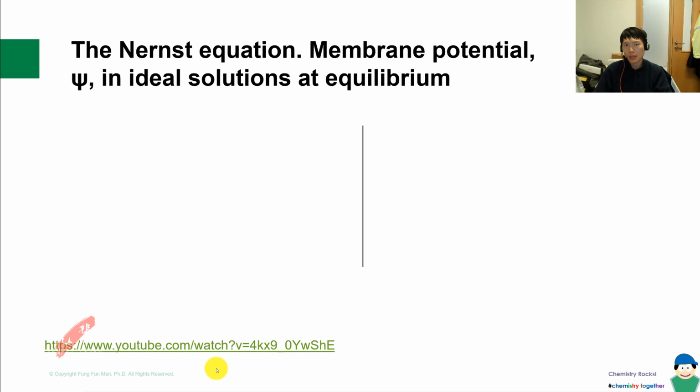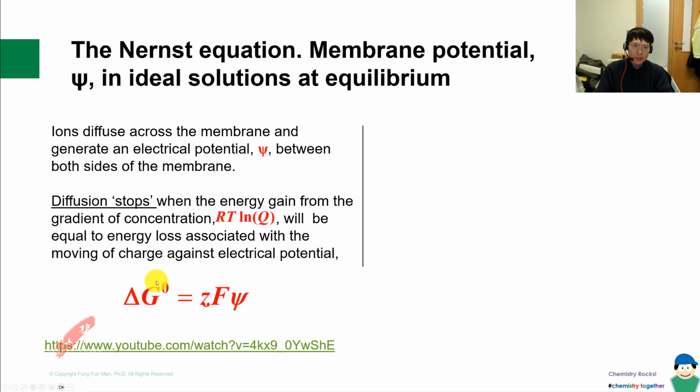Watch this video if you can, because you have this nice visualization to understand what happened there. Now the Nernst equation. When you have ion diffusion across the membrane, it generates an electrical potential, zeta. We have zeta potential on both sides.